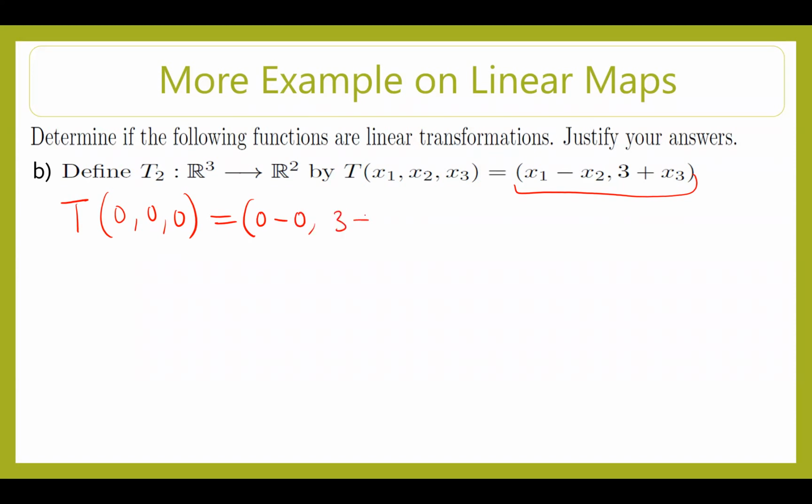So I'm going to have x1 is 0 minus x2 is 0, then 3 plus x3 is 0. And now I have 0 minus 0 is 0, 3 plus 0 is 3. Definitely this is not 0, comma 0. And you see, I do not have to proceed further. I can conclude here.